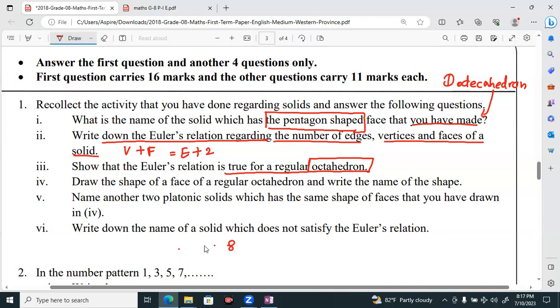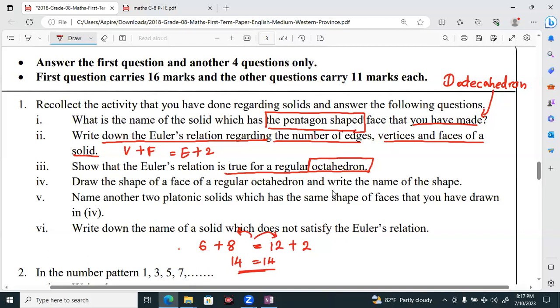Number of vertices, there are 6 vertices for an octahedron. Number of edges, there are 12 edges. That means for this side we obtain 14, and this side also 14. So this is true for the octahedron. After you substitute the values, both sides should be equal, which means it satisfies Euler's relationship.